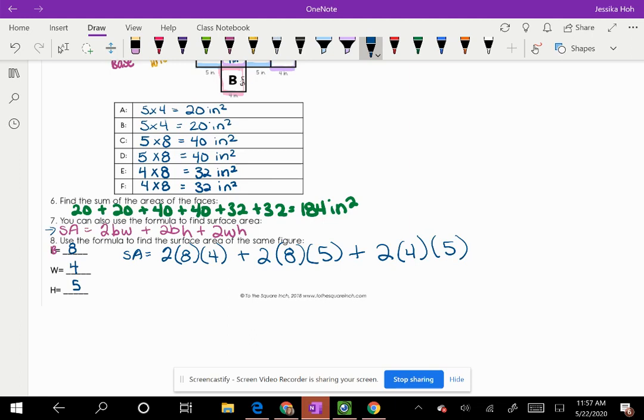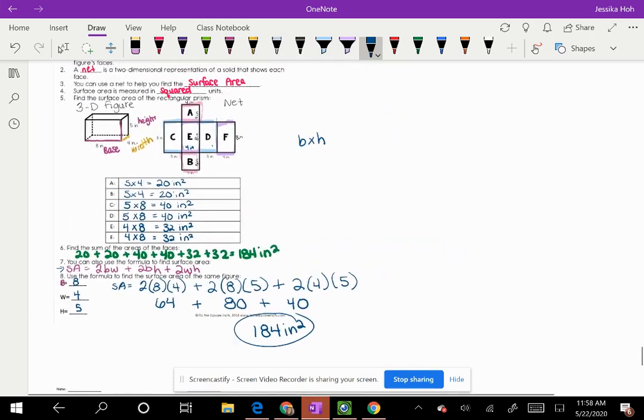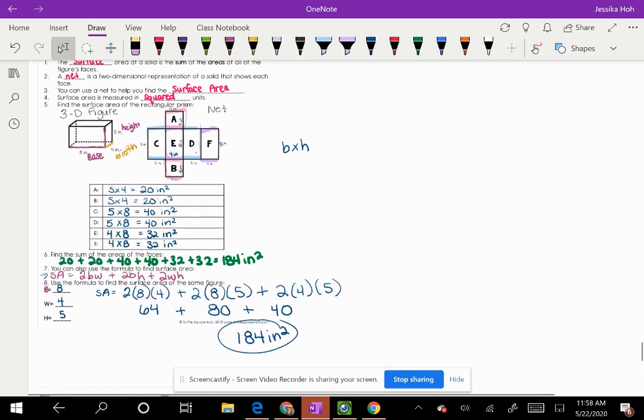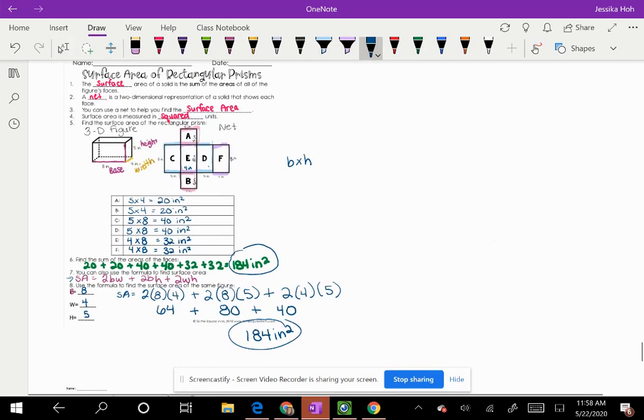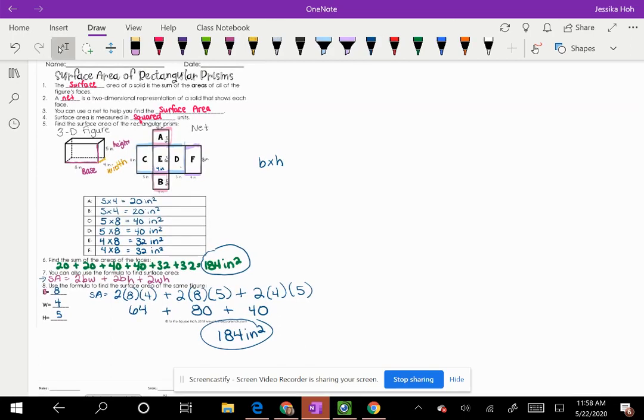Okay, if I put this in my calculator, this gives me 64 plus 80 plus 40. Add them all up together, I should get 184 inches squared. If you notice, this answer using our formula is the same answer we got using our nets. So it's two different ways that you're going to be finding the surface area of rectangular prisms today.